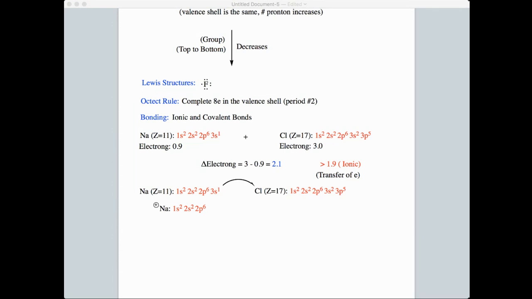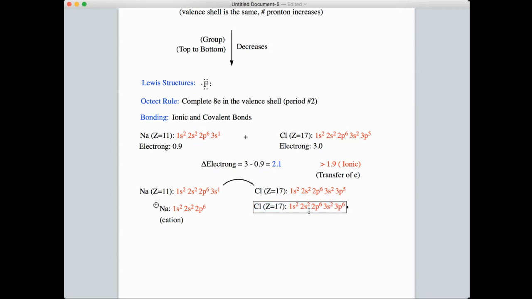So sodium turns positive. It becomes a cation because it loses one electron. And then chlorine, which accepts this one electron, obviously will become negatively charged. It has an extra electron.